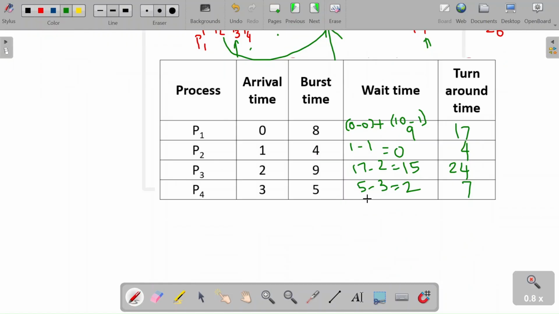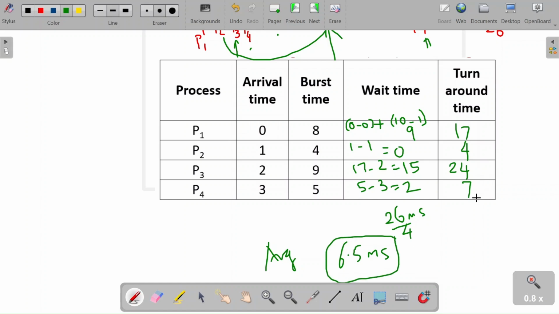When you take the average wait time, what is the sum of the wait times for all of these? 9 plus 0 plus 15 plus 2. So we get 26 milliseconds divided by 4. So the average wait time is 6.5 milliseconds. Okay.